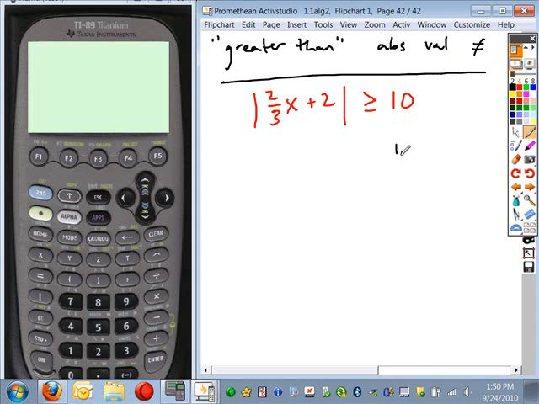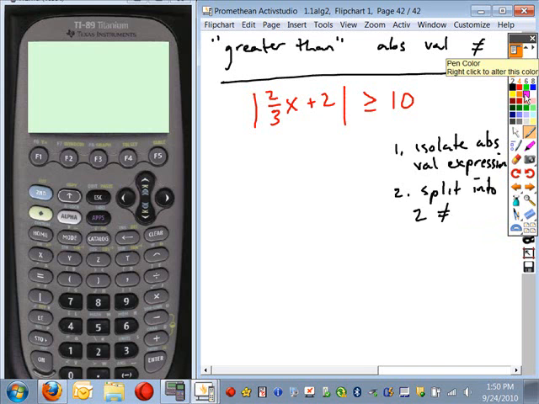But if you have a greater than, first you're still going to look to isolate the absolute value expression. In this case, it's already done. But your next step here is, instead of sandwiching together, you're going to split into two inequalities.